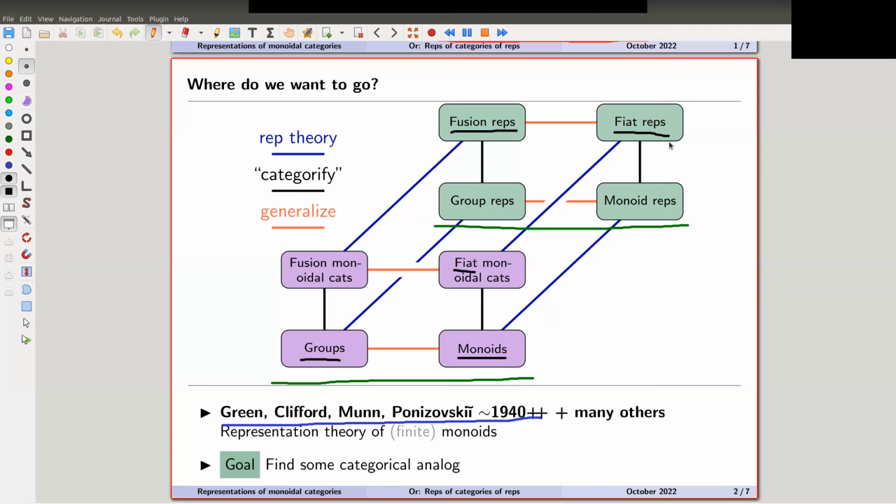But essentially, groups and monoids live through their actions, so you should study the linear versions of them, and that's representation theory. So what we would like to do is the categorical analog, motivated by examples from various fields of mathematics, mostly from mathematical physics, but also from knot theory and modular representation theory. These are the classical fields where we apply this theory.